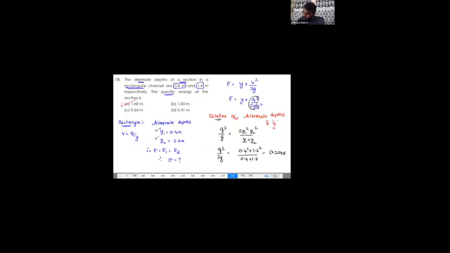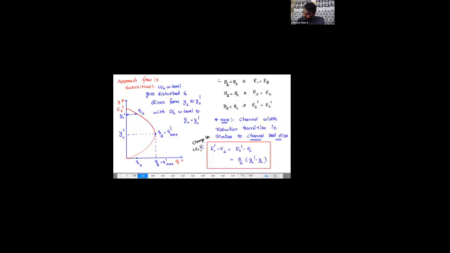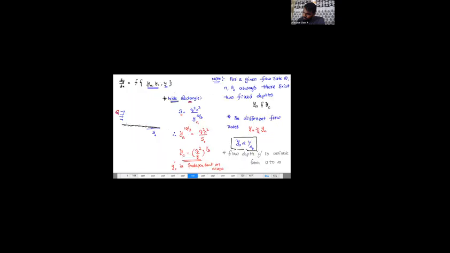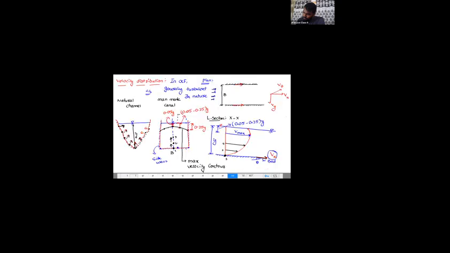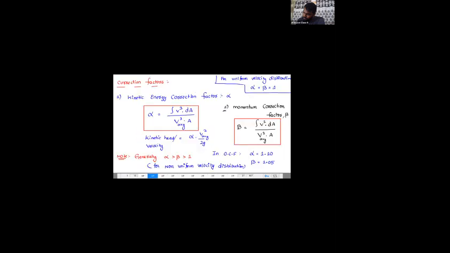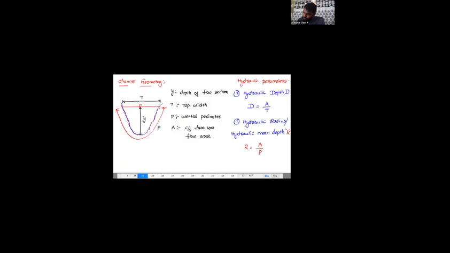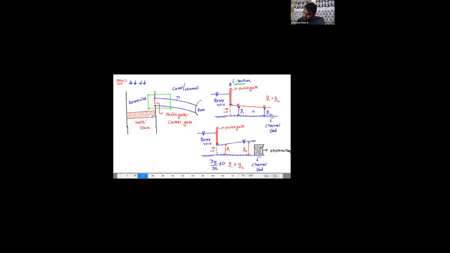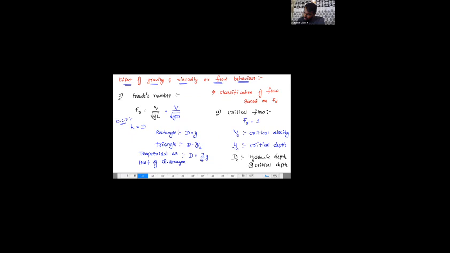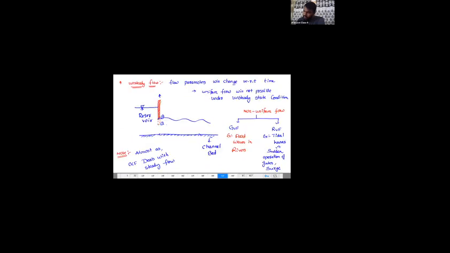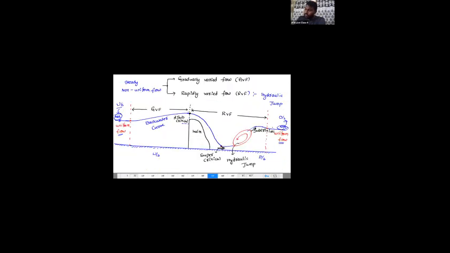Once the jump is formed, there is uniform flow, and from here onwards, the flow is going to be uniform.